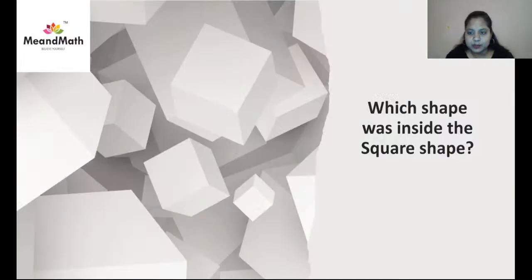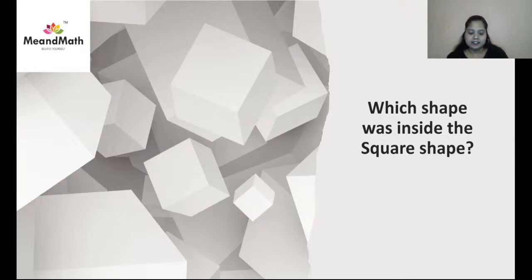Now the second question: which shape was inside the square shape? Now you remember the picture, it was there. Did you observe? And very nice of Anusha to answer the first question. Okay.